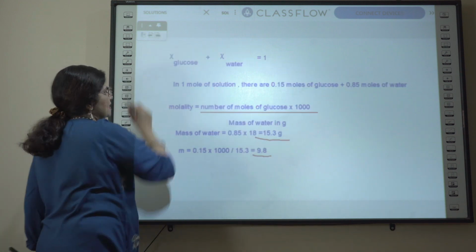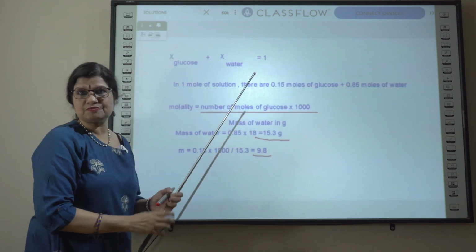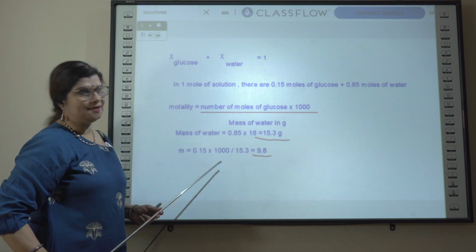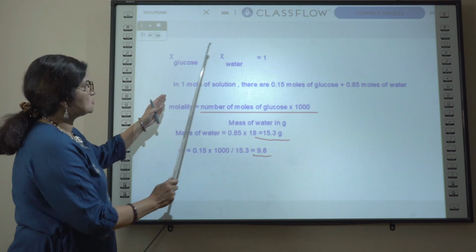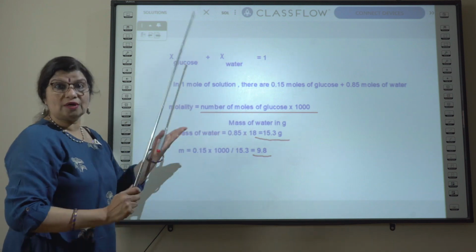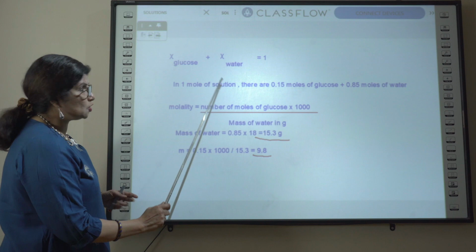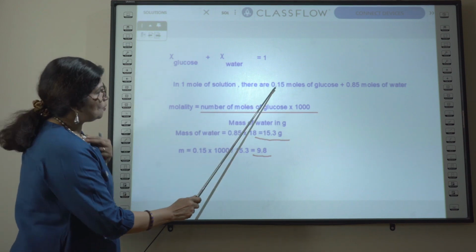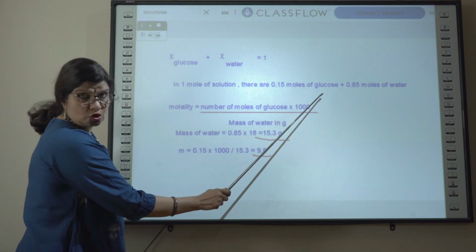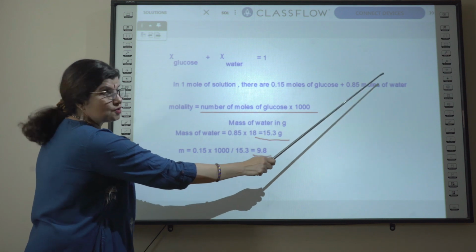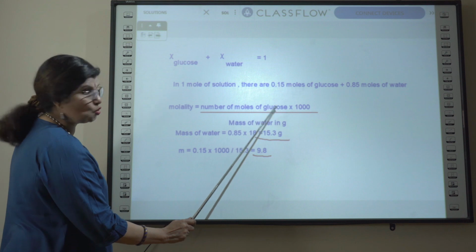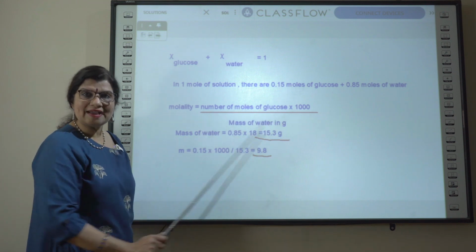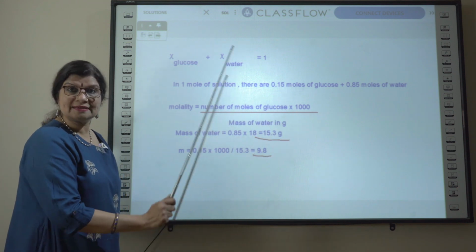So let's quickly look into all the steps which have been neatly presented here. First we know that the mole fractions of glucose plus water is equal to 1. That means 1 mole of the solution contains 0.15 moles of glucose and 0.85 moles of water. The formula for molality is the number of moles of glucose into 1000 divided by the mass of water in grams.